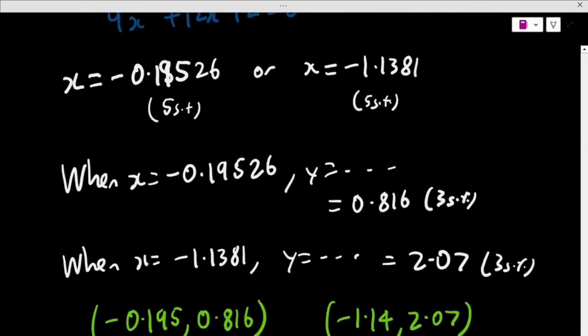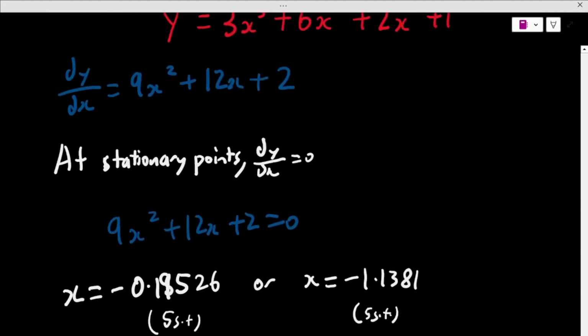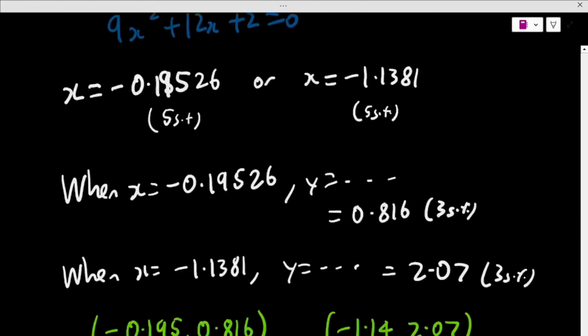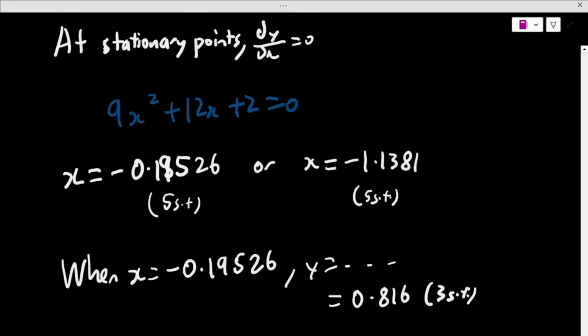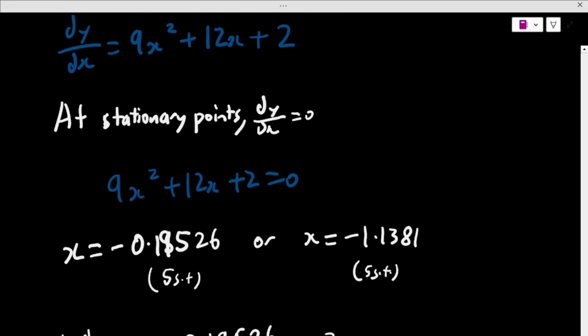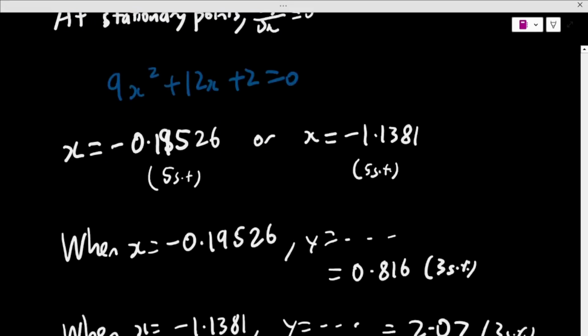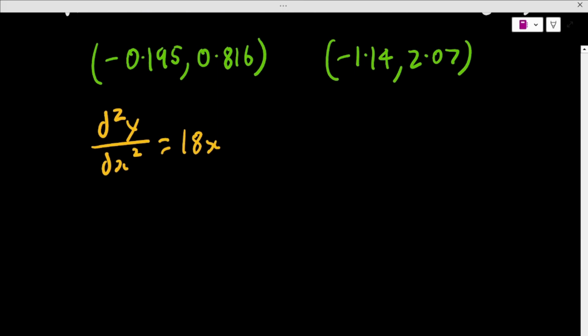The derivative of 9x squared is going to be 18x. The derivative of 12x is going to be 12.